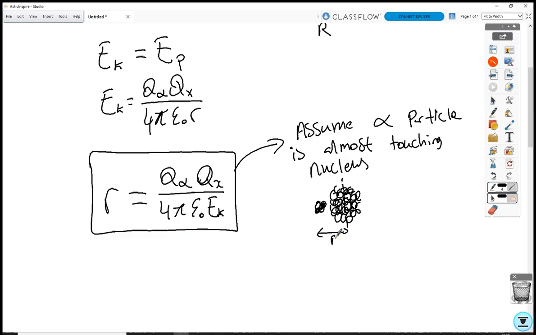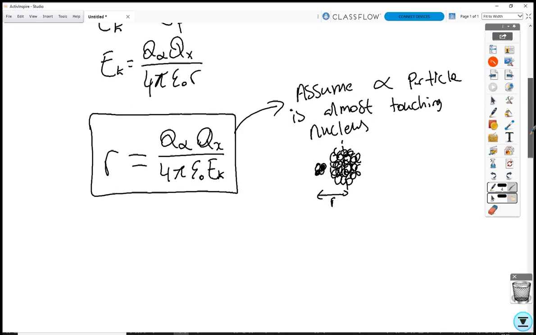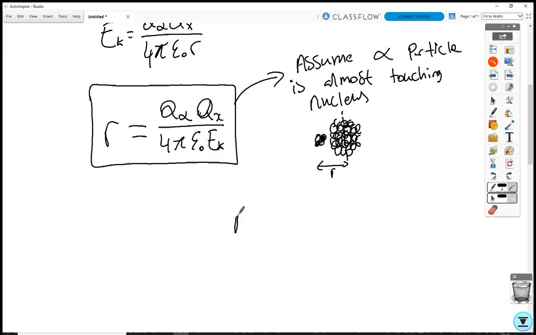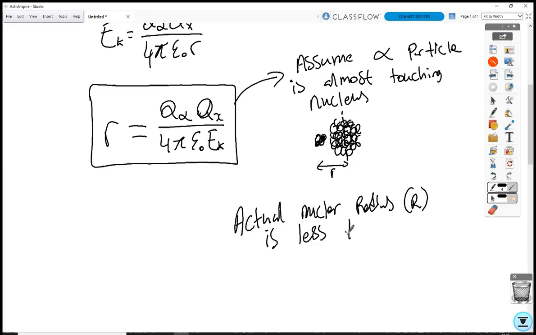Now, even with that assumption, this little r that we calculated is still larger than the actual nuclear radius. So the actual nuclear radius, which is R, is less than r, little r.